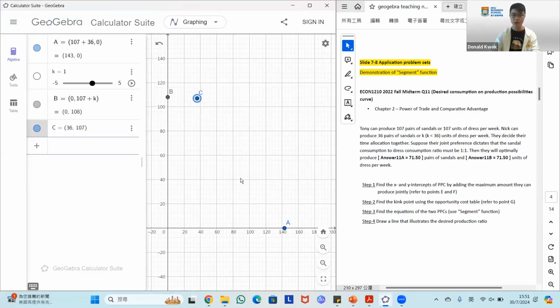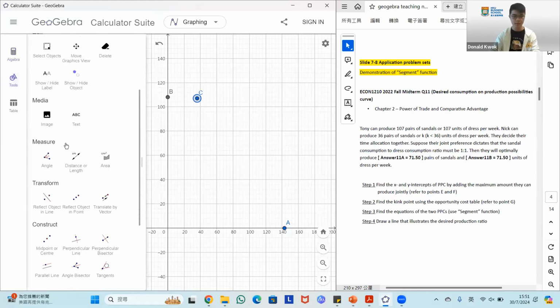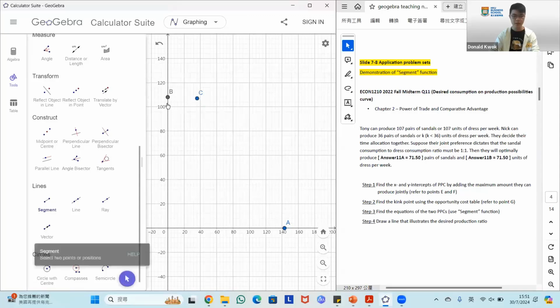Again, you may check this on your own by constructing an opportunity cost table. Step 3 is to use the segment function in order to derive the joint PPC.